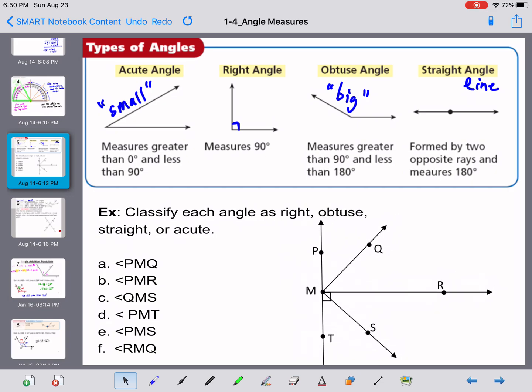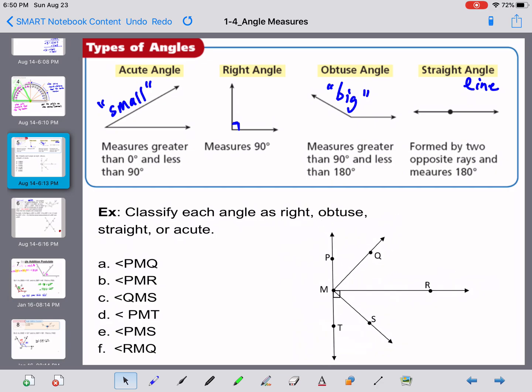All right. So let's look at my little diagram right here. Classify each angle as right, obtuse, straight, or acute. So, PMQ. What does that look like to you?